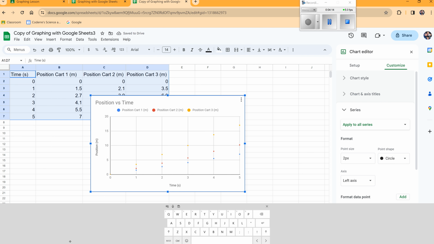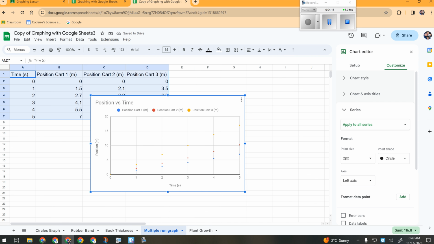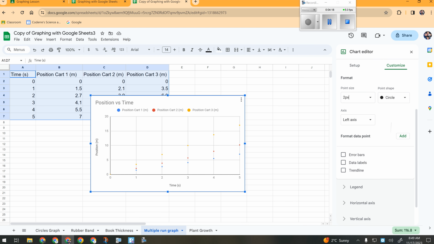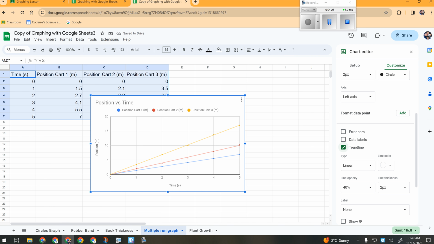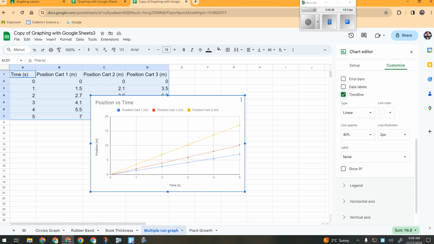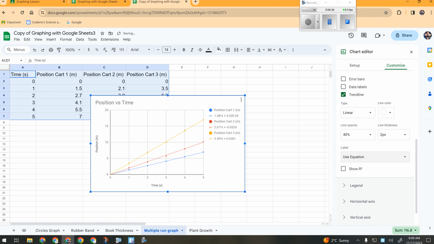It makes it look like every point is on the line, and I don't like that. And then I'm going to click on trend line. It draws 1 for each set of data. And then I'm going to put in the label field, use equation. Okay, so I get that graph, and yours should look exactly the same.